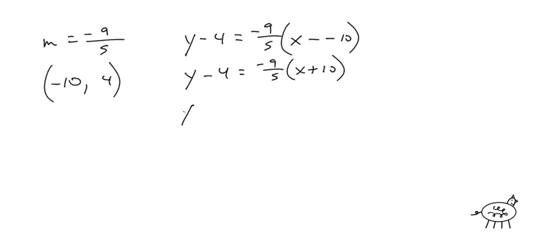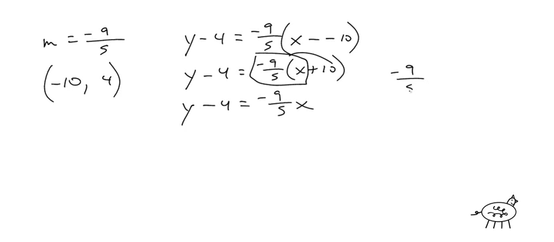And then, of course, distribute to put it in slope-intercept form. So y minus 4 equals that. This one's always easy. Multiplying this one is always easy because it's just negative 9/5 times x, right? The only little tough one is negative 9/5 times 10 over 1. Okay? I mean, you can use your calculator for this too. You guys should be able to do well with fractions.